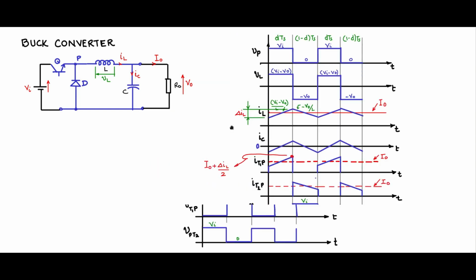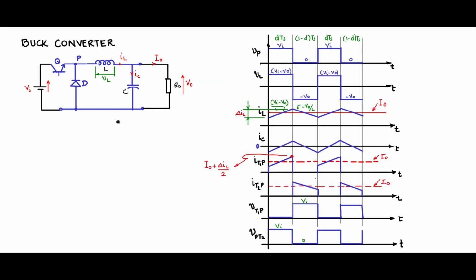Now let us look at the waveforms. Let us see how we will rate Q and D. Now Q is T1P. So T1P, the voltage VT1P. Look at this. When this Q is on, it carries current IT1P, this one.